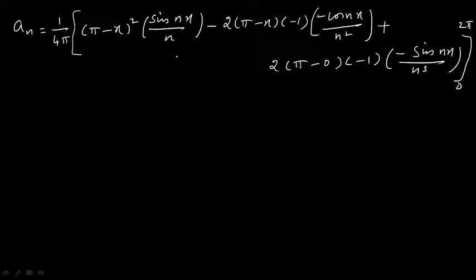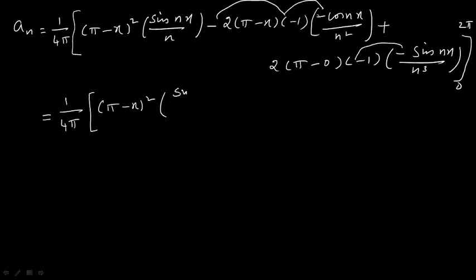Now let me simplify the signs. Here we have 3 negative terms, so negative. Here we have only 2 negative terms, so that is positive. So in the next step, don't substitute the limits. Let me first simplify the signs, whether minus becomes positive or negative, whatever we have inside. First term doesn't have any problem, so write it as it is: (pi minus x) whole square times sin nx divided by n.